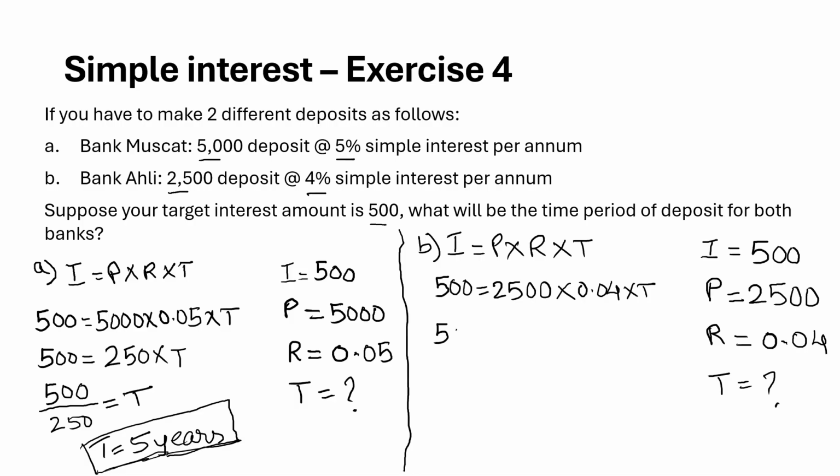Now this 500 is equal to, calculate 2,500 into 0.04, so this will come to 100 multiplied by T. Now take from right side to left side, 500 divided by 100 is equal to T. So my T is 5 years.